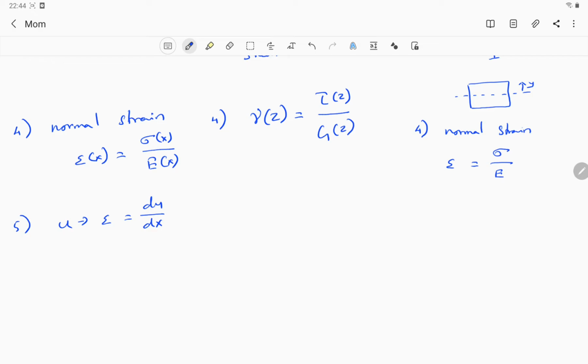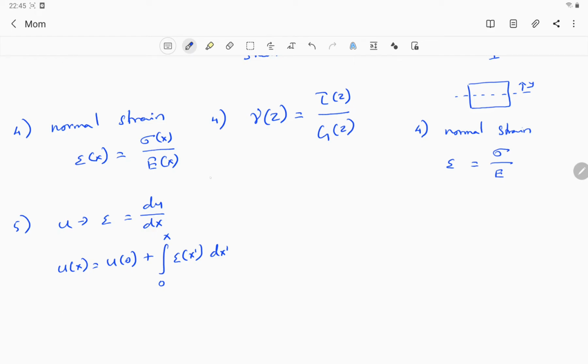So that's the relation between epsilon and u. So once we know epsilon, then using this relation we can calculate u. Okay, so u of some x is equal to u of 0 plus integral 0 to some x of epsilon of x prime dx prime.